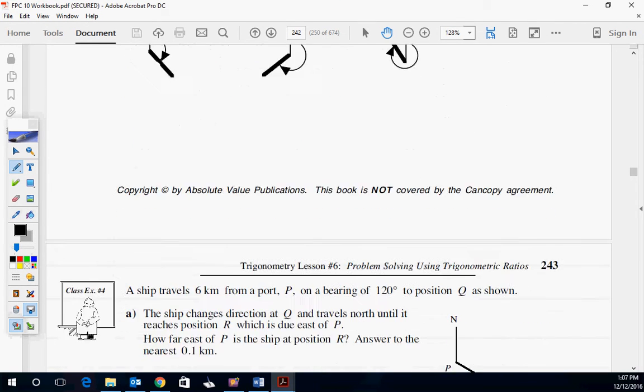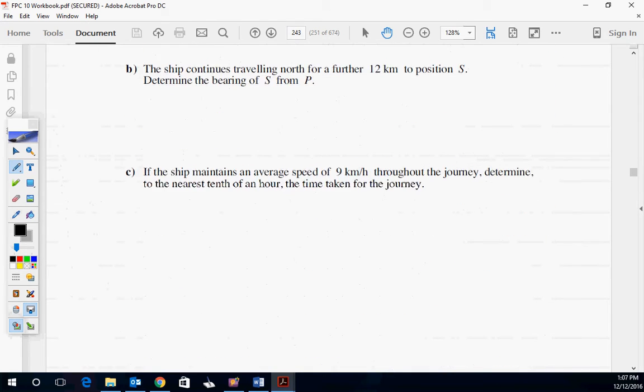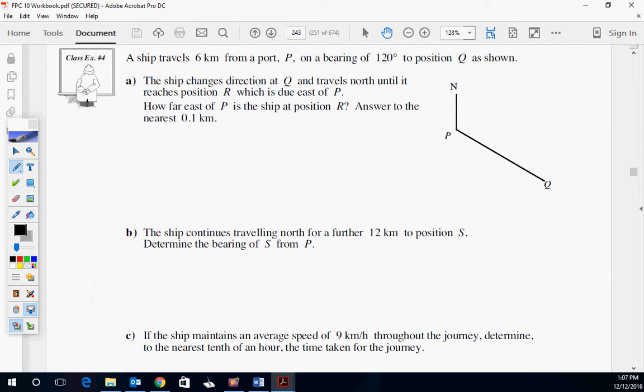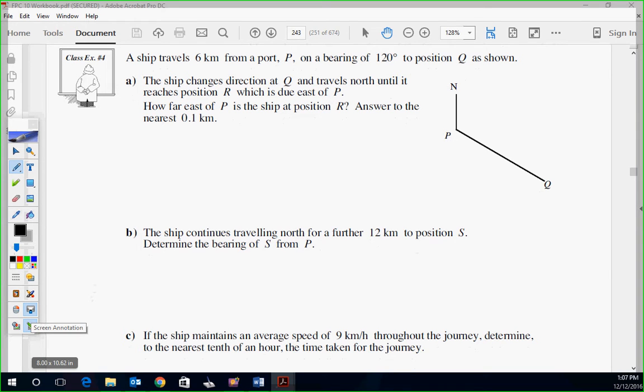Okay, let's look at our last problem. A ship travels 6 kilometers from port P on a bearing of 120 to position Q, as shown. The ship changes direction at Q and travels north until it reaches position R, which is due east of P. So lots coming at you here.